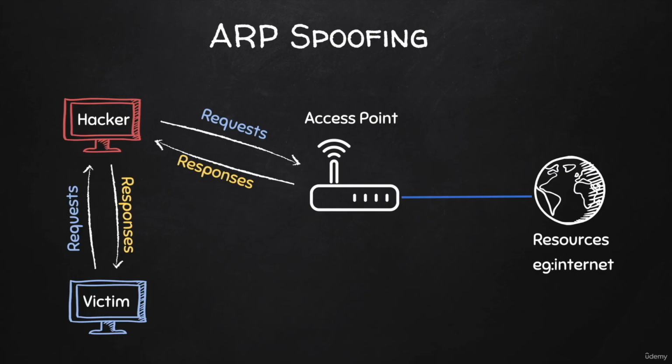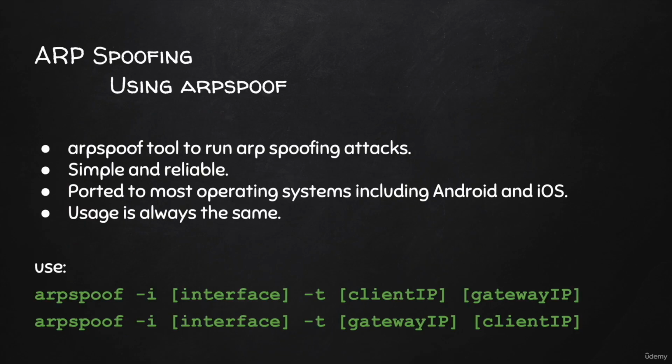Now there are a number of tools that can be used to run an ARP spoofing attack. You can even build your own tool, and I cover this in my Python programming course. But in this lecture, I want to show you how to use a very simple yet reliable tool called ARP spoof. Then in the next lectures, we'll use a tool called BetterCap because it has more features.